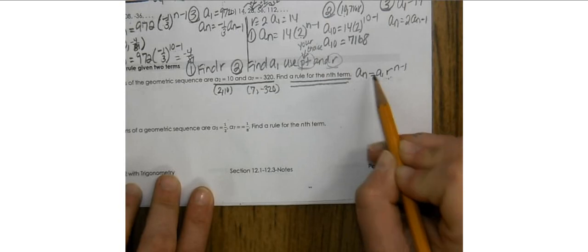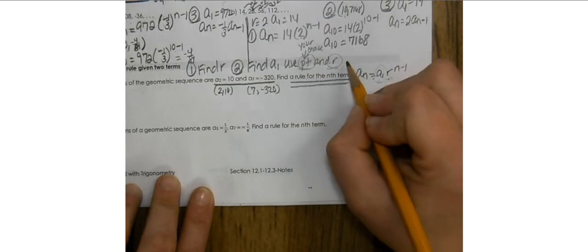We're going to plug that point and r into our function and solve for a sub 1. Then step number 3 is we're going to finally write our rule: a sub n is equal to a sub 1 times r to the n minus 1 power.